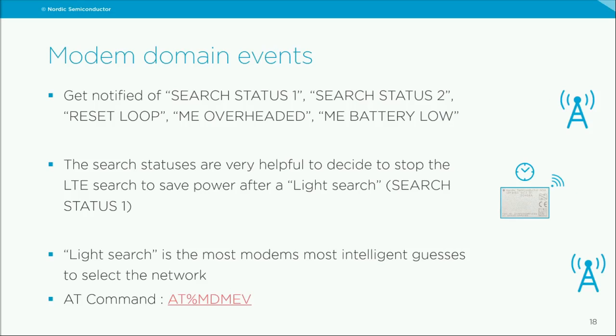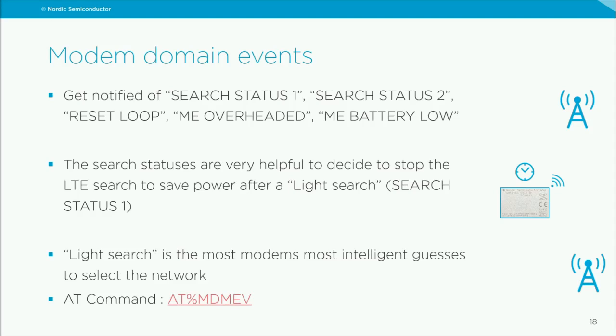So if you have a device that is a very constrained device and needs to have low power, you can also set in a very helpful domain event when the device is finished with its light search, for example. So it will first do a light search and then a heavy search, you could say, when looking for networks.